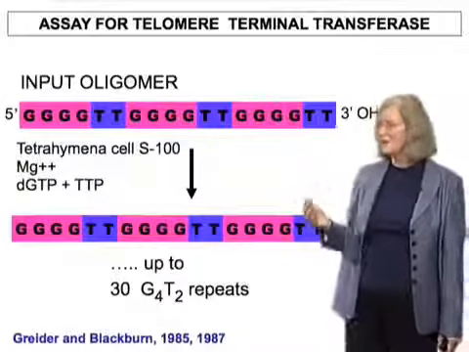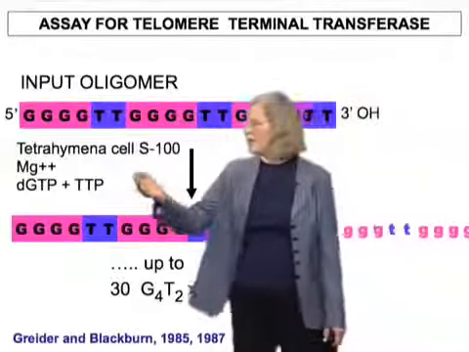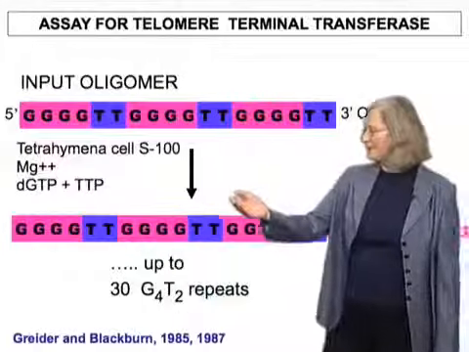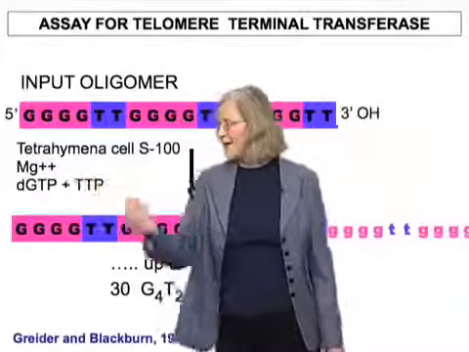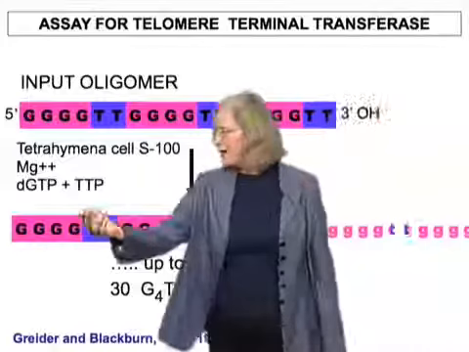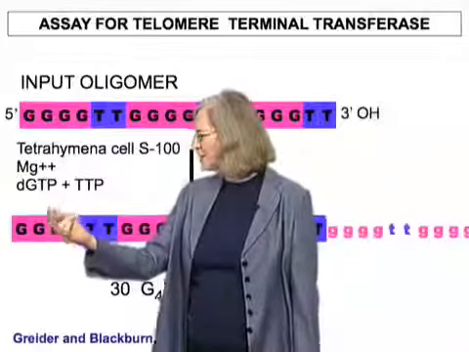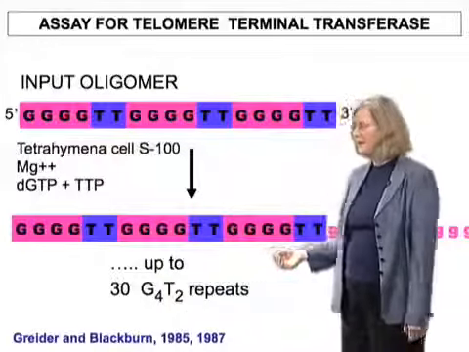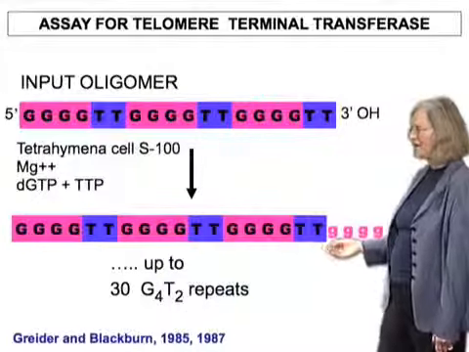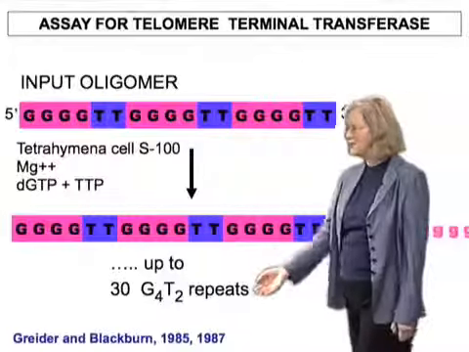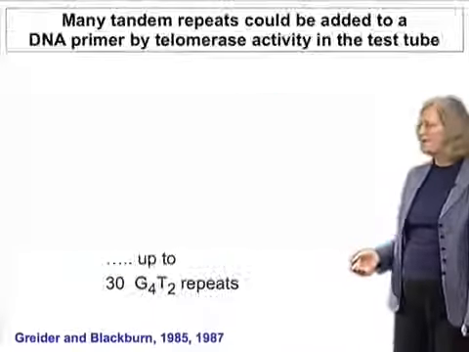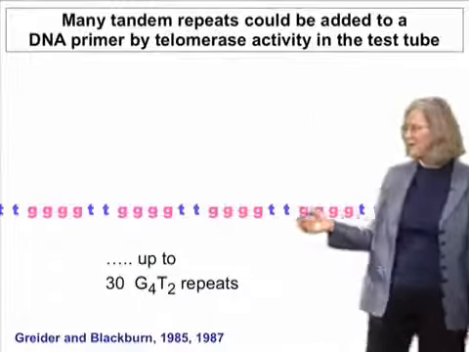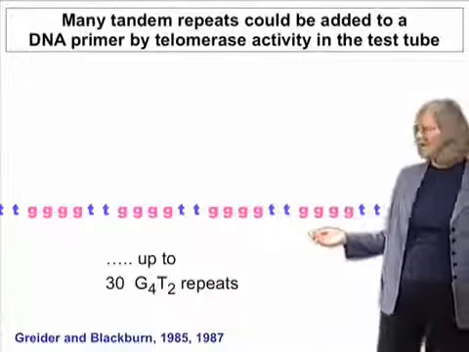All of this was hypothetical at the time, but by putting in an appropriate mix of things that are often added to make polymerases happy, such as magnesium ion, and just by using 2 nucleoside triphosphate precursors, dGTP and TTP, we were able to find that the telomeric DNA indeed was added to the end of such an oligonucleotide. In fact, in the test tube, a large number of repeats could be added. Okay, so we get a lot of repeats added, although eventually something limits the addition.